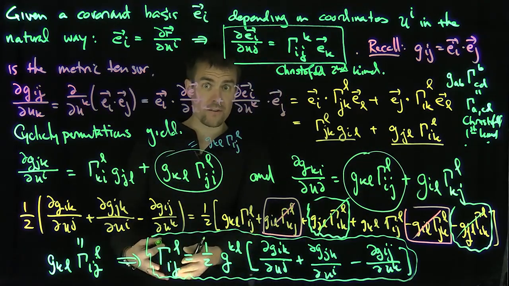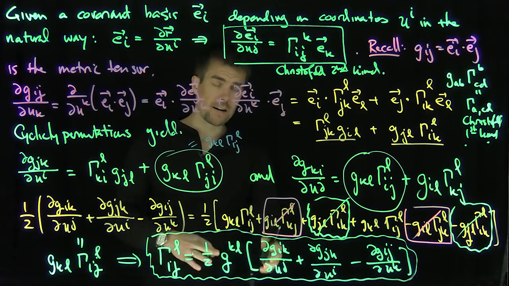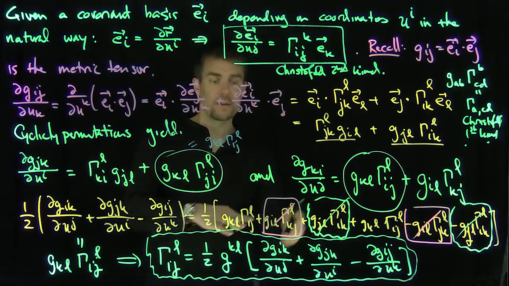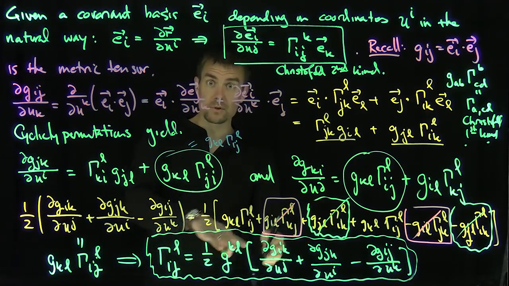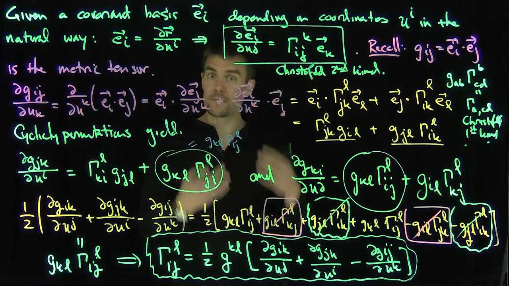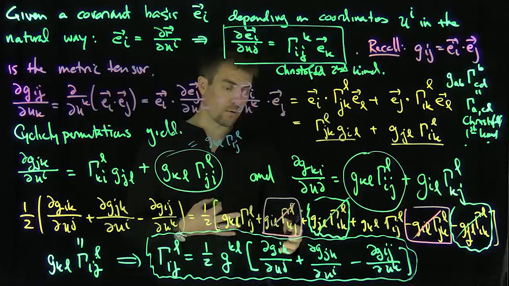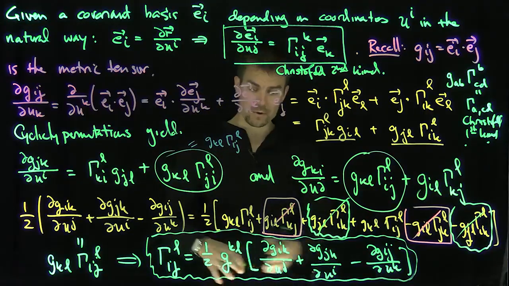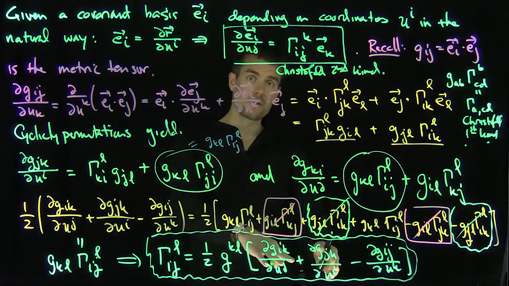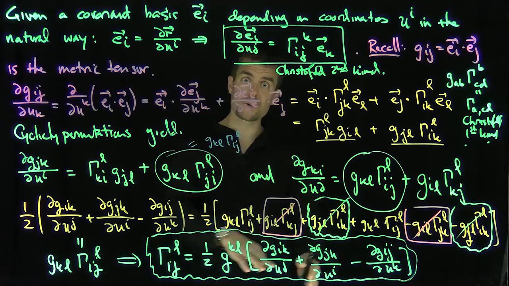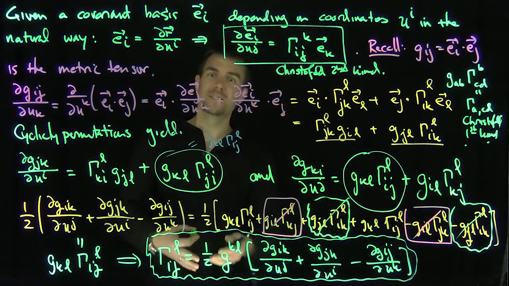So this representation of the Christoffel symbols is very useful in finding particular instances of Christoffel symbols in special coordinate systems like spherical coordinates, parabolic coordinates, oblate coordinates, all sorts of different coordinate systems. It's very easy to compute Christoffel symbols using this representation in terms of the derivatives of the metric tensor with respect to the coefficients hit with the inverse metric tensor, symmetrized.